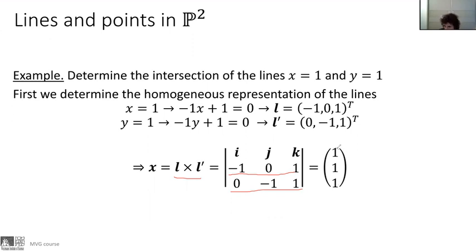In order to determine the first coordinate, I'm doing the following. I'm erasing the first row and the first column and computing the determinant of this, and I get 1, right? And then I'm doing the same thing for the others. This is the way that I'm computing the vector. Now it's clear? Yes. Okay.